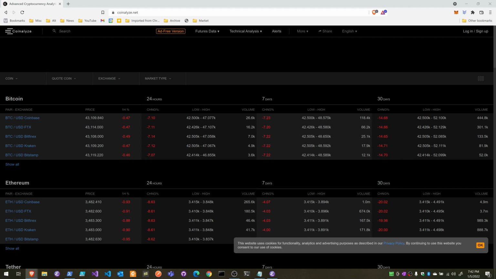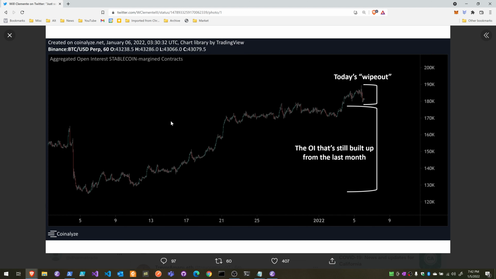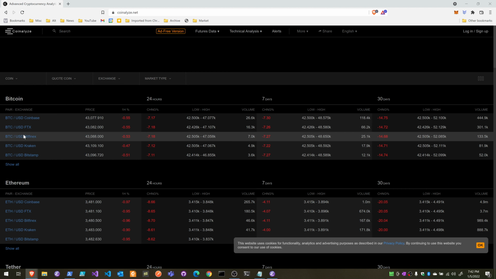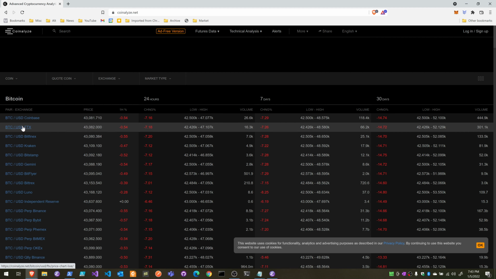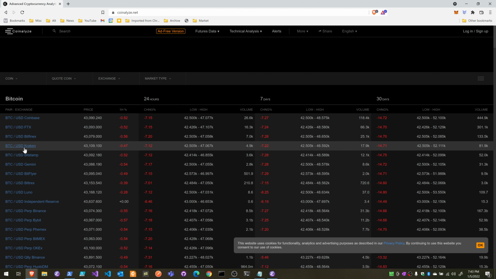The first thing you want to take a look at is that you can see they've got charts for Bitcoin, they've got charts for Ethereum, etc. Obviously if you go back to his chart, it's for Bitcoin, and in particular he's looking at the prices or the data from Binance. So let's look for that. Here under Bitcoin, you can see there are different exchanges. We don't see Binance, but if we click Show All, we indeed do see Binance.